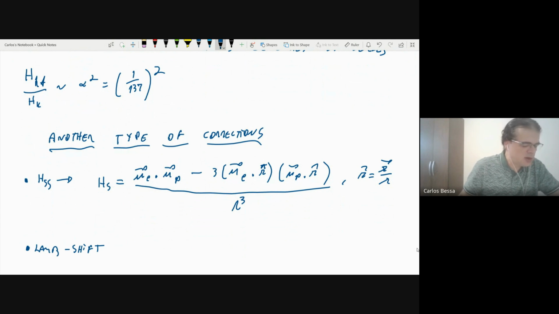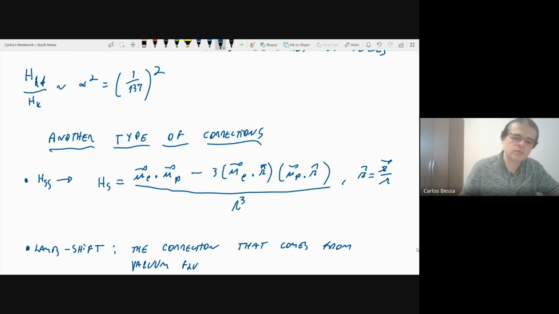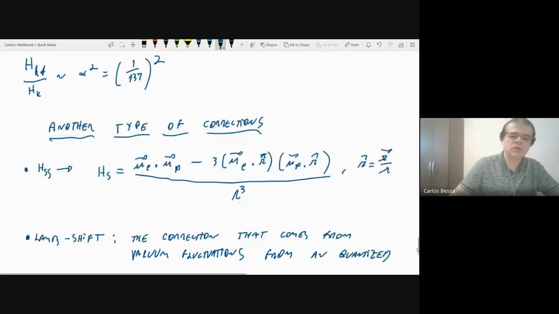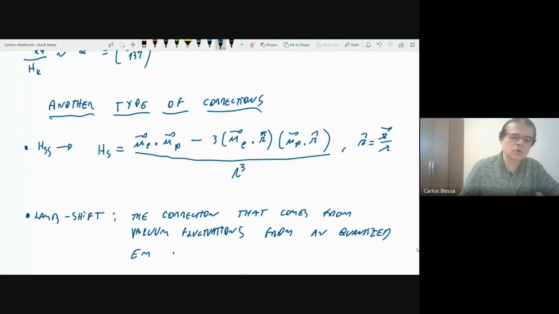But this interaction is the correction, Lamb shift, the correction that comes from vacuum fluctuations, from the unquantized electromagnetic field. Okay, but in general, very small too.